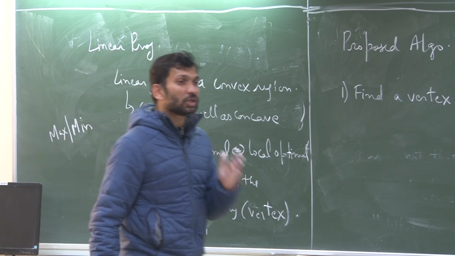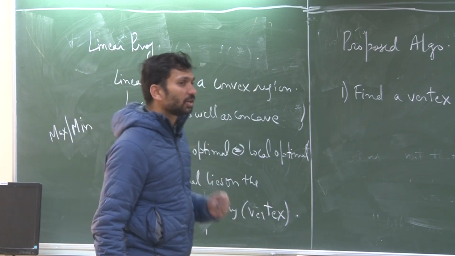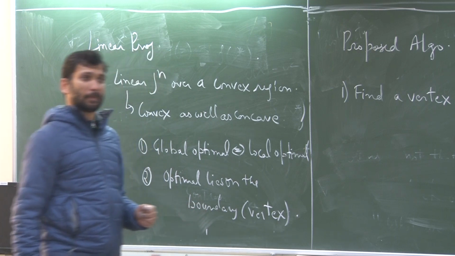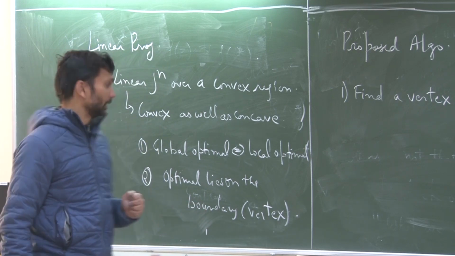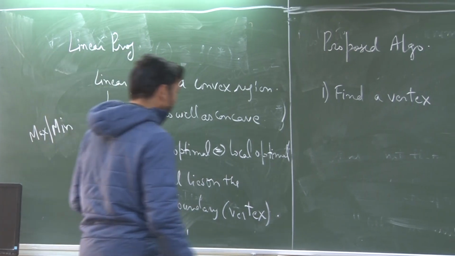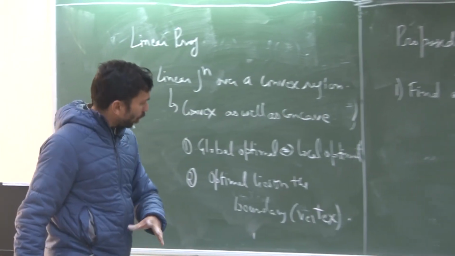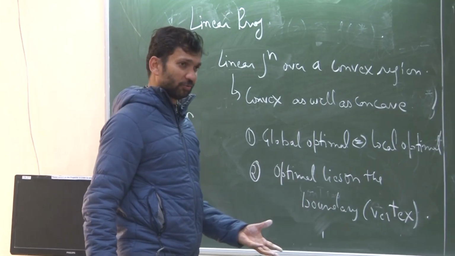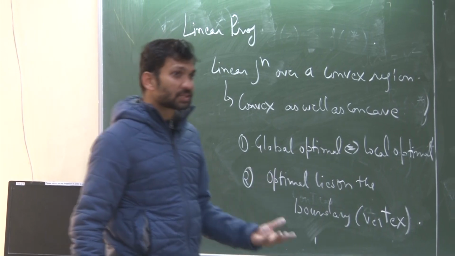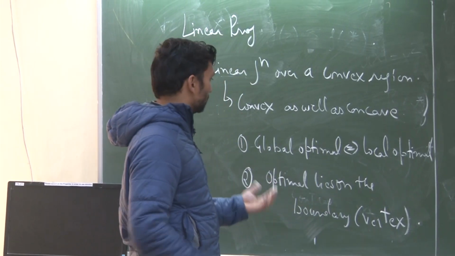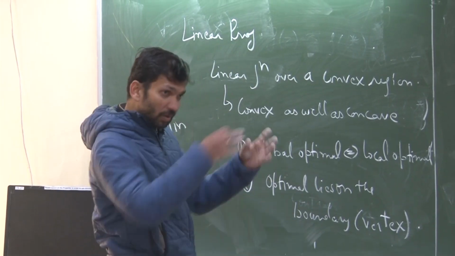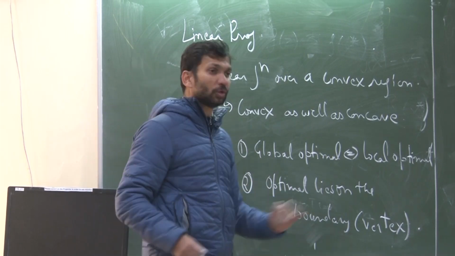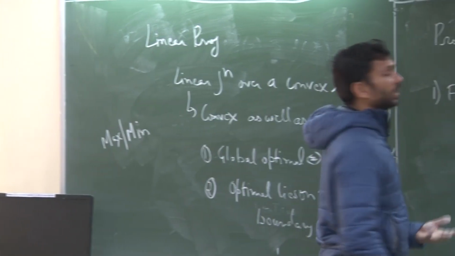Why is that not a good algorithm? What do you think? We can take all possible vertices of the feasible region and ask what is the optimal among those vertices. We know it has to lie on the vertex. Good. Tufan has a very nice idea.